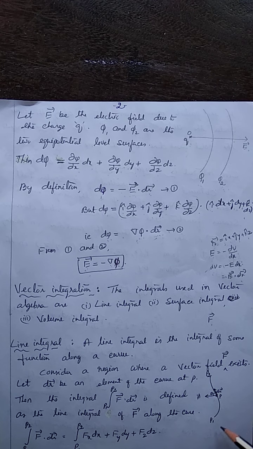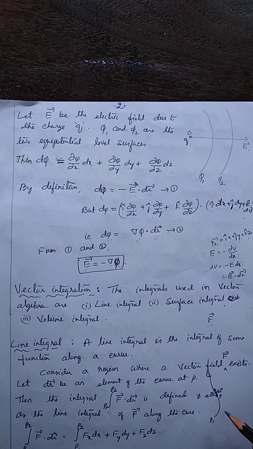See here we have a curve between the points P1 and P2. Let F be the vector field existing in the region of space, at the point P. At this point P, consider a small element of length dr. This is the direction of the field F acting at this point.